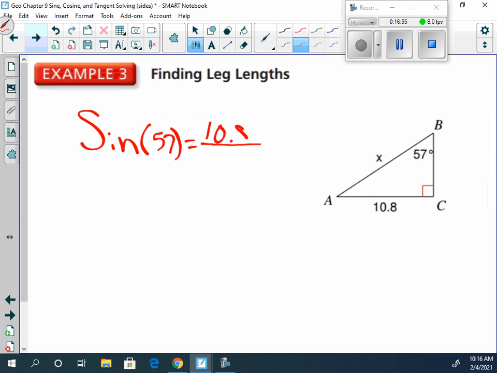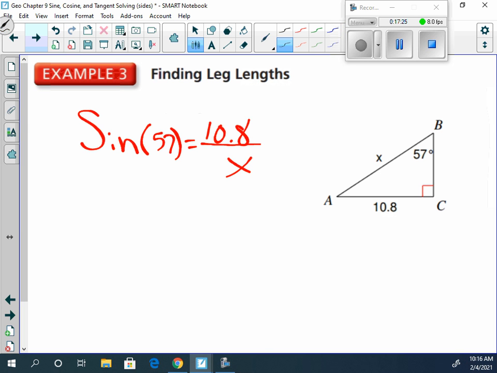Because 10.8 is opposite, but the real defining reason we picked it is because 10.8 is our opposite side, and what else? Because we're looking for what? The hypotenuse. Because we're given this side opposite the angle, and we're looking for the hypotenuse. Opposite and hypotenuse would be sine.